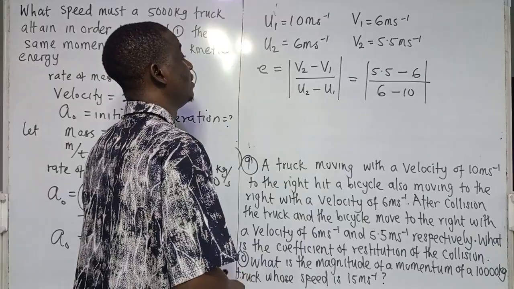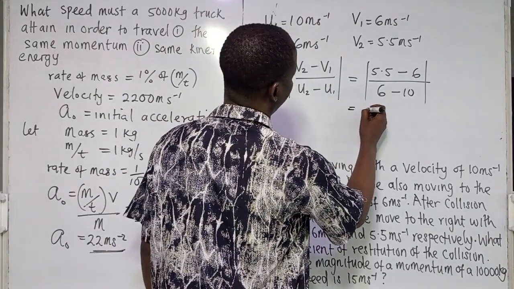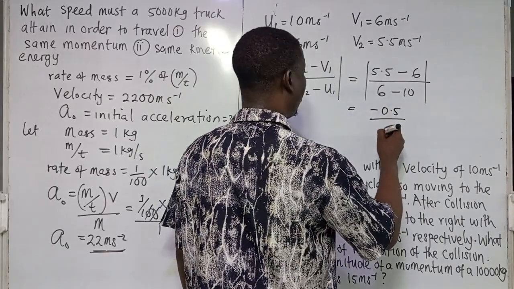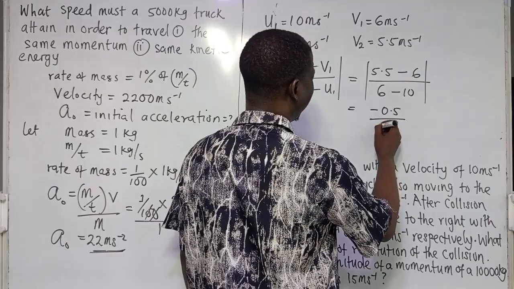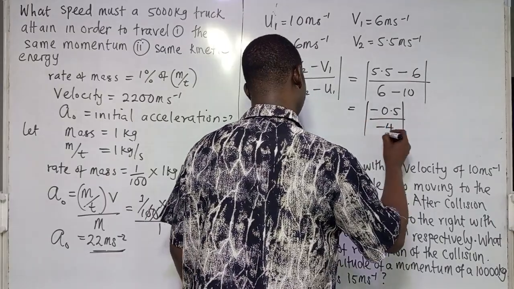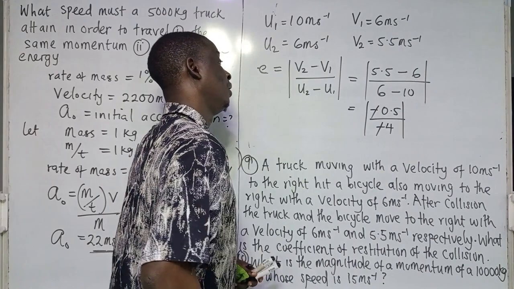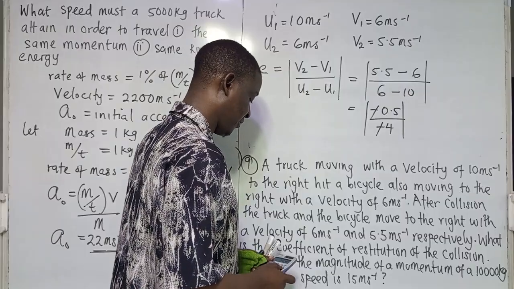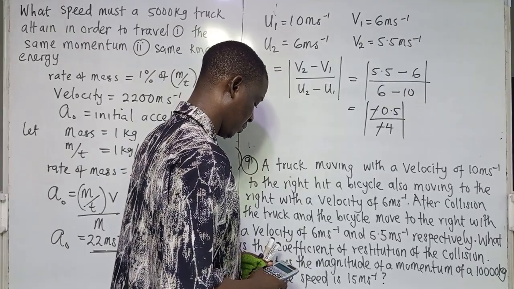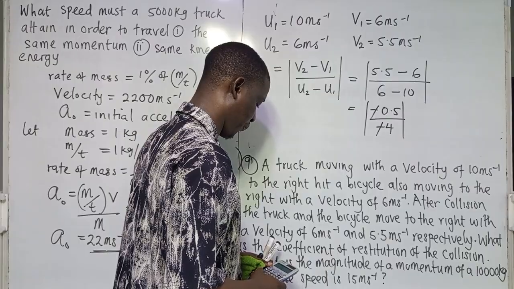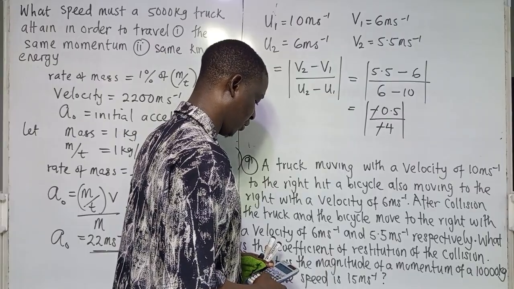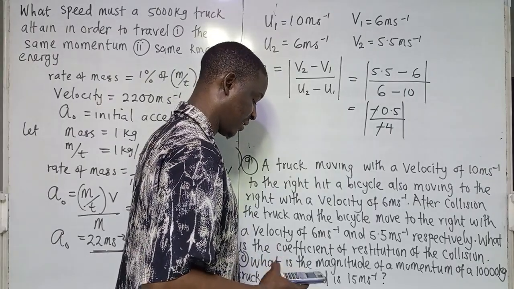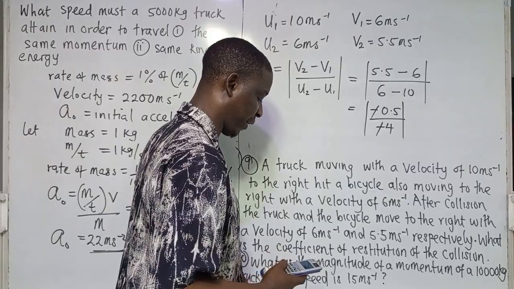So the upper one will give us minus 0.5. The lower one will give us minus 4. When you take the absolute value, 0.5 divided by 4, and that will give us 0.125. So the answer will be 0.125.